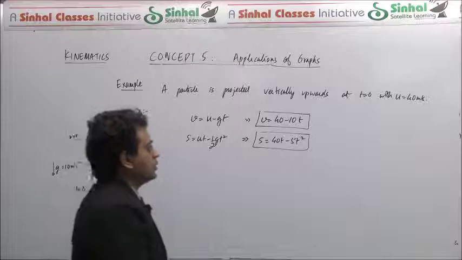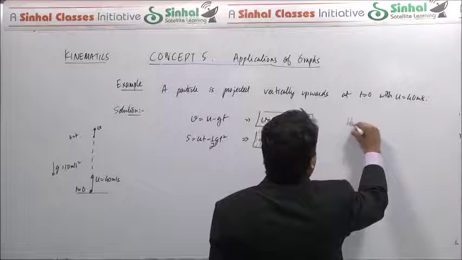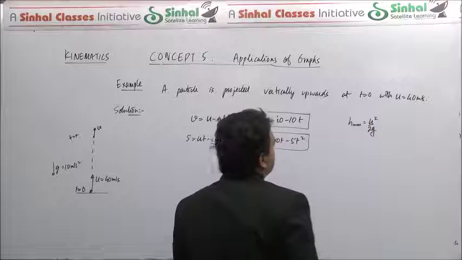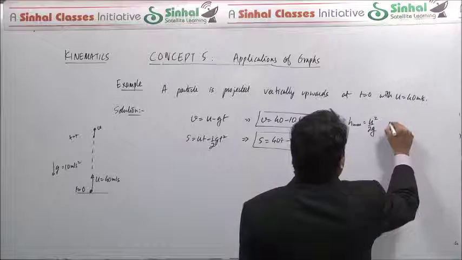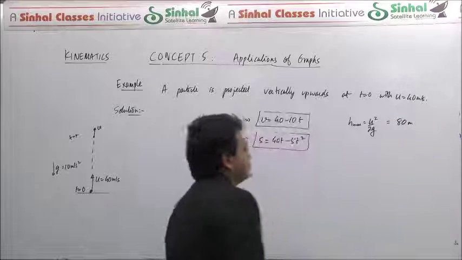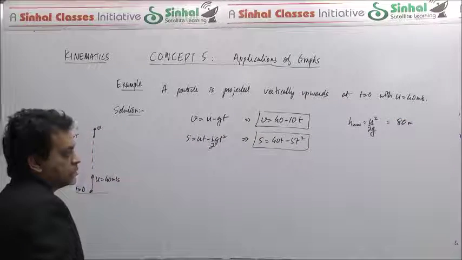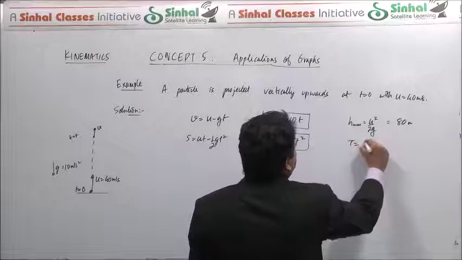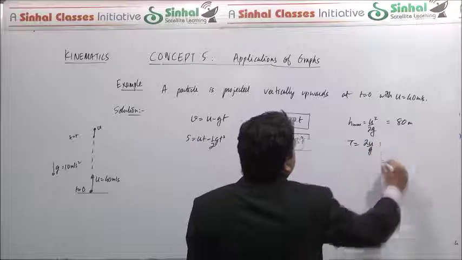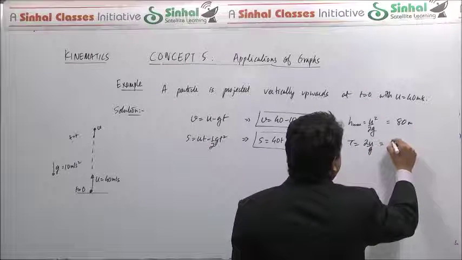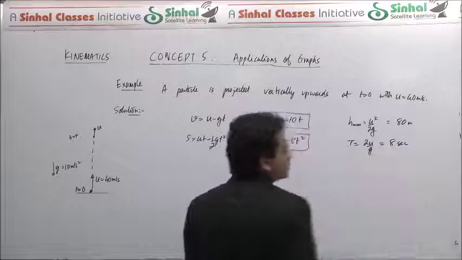So from this we can also see that maximum height, using that formula we had learnt earlier, is 80 meters, and the total time of flight is 8 seconds.